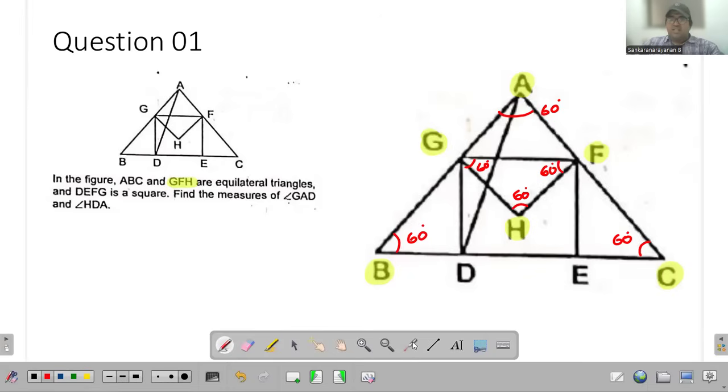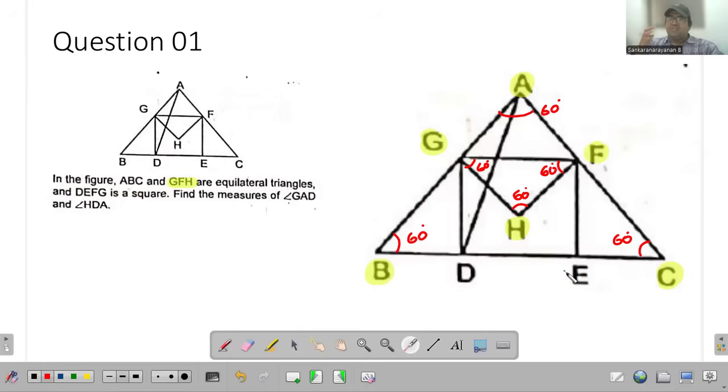Now, what's the next thing that is given? DEFG, the quadrilateral, is a square. So let me look at the vertices here, D, E, F, and G. Already I have highlighted this F and G. We have the vertex D here, vertex E here.